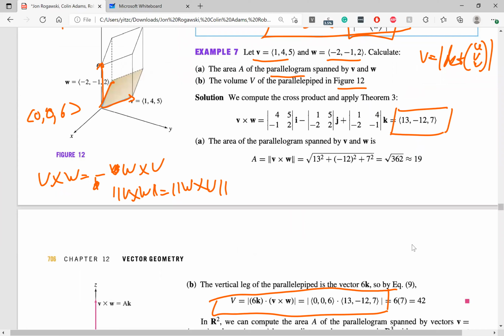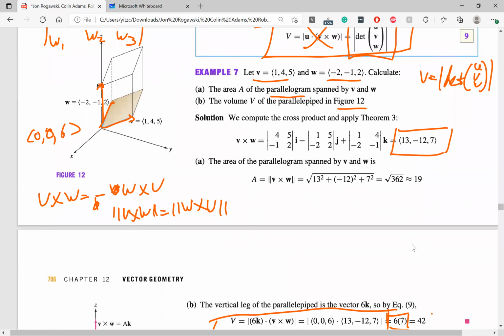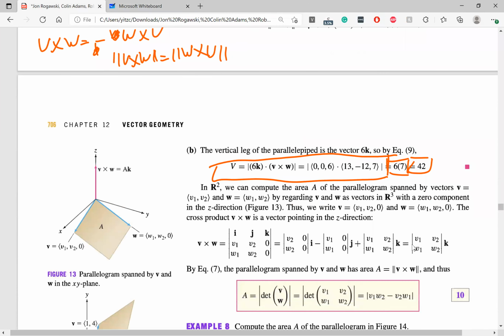So 6 times 7, which is 42. Any questions about this?